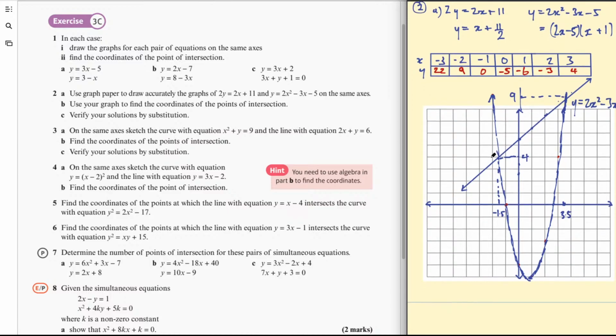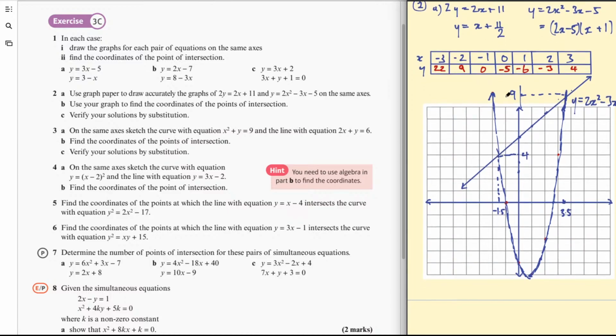All right, let's see. So plugging -1.5, 4 into the first equation, we would get 2 times 4 equal to 2 times -1.5 plus 11. Is this true?